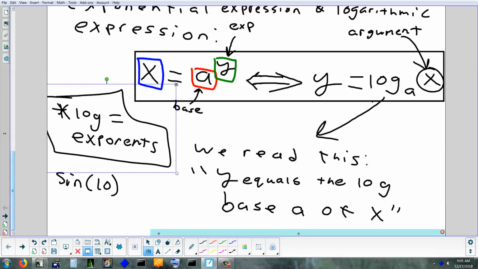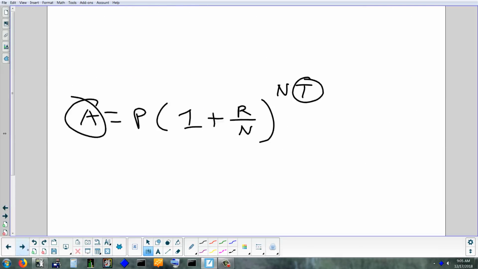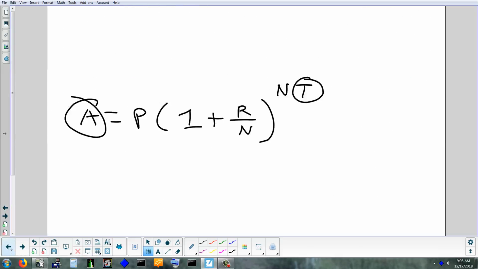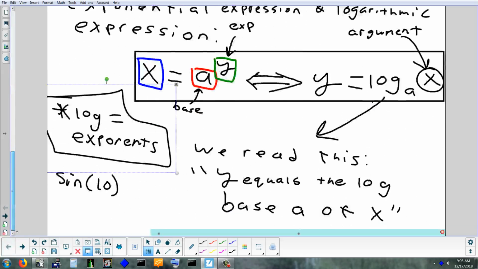The log always equals the exponent. So if I look at my problem, the log equals y. That means when I rewrite it as an exponential, there's my exponent. So the logarithm always equals the exponent.